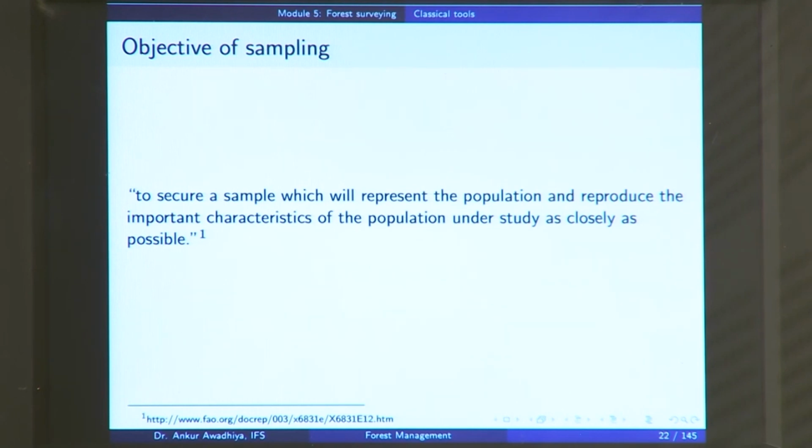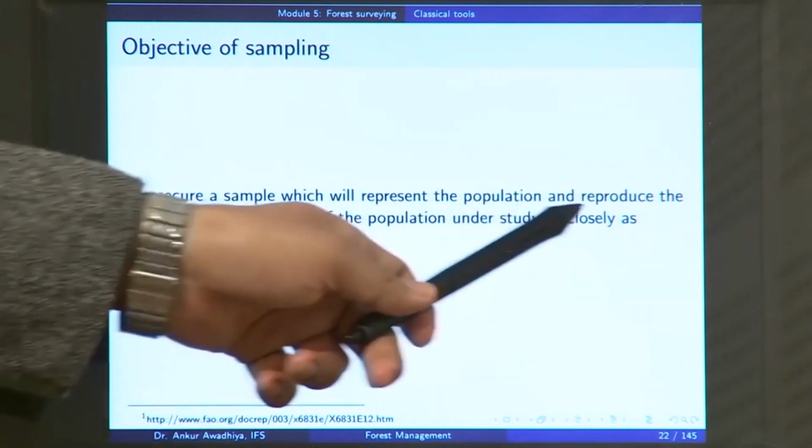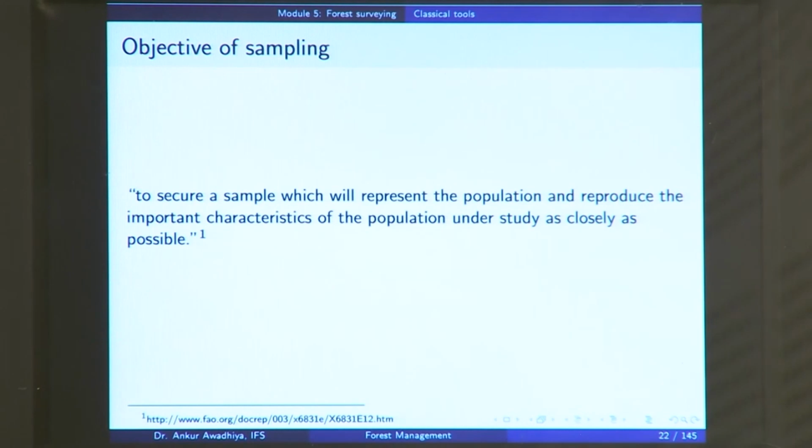So, that I am able to get a representation or a reproduction of the important characteristics under study as closely as possible to the actual reading of all the trees in my area, but at a much reduced cost and in a much quicker time frame.